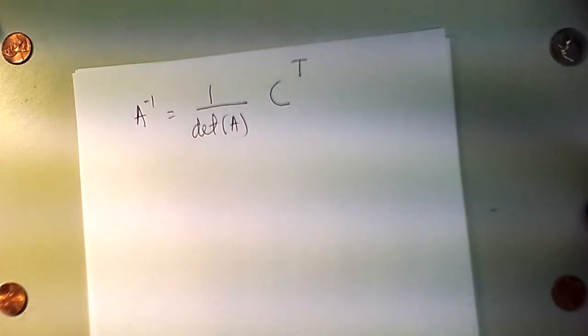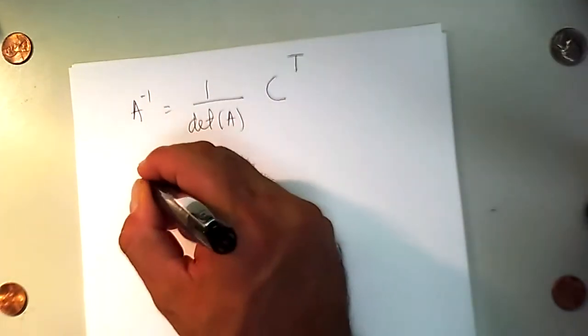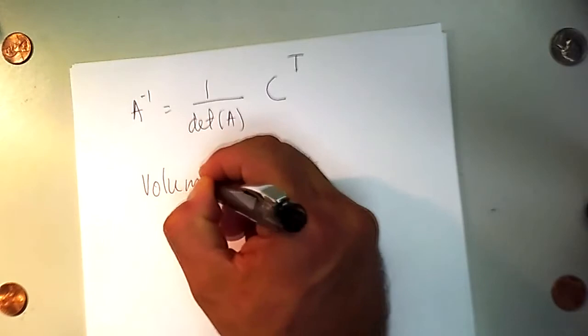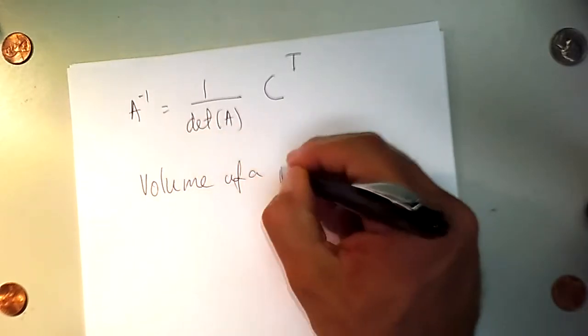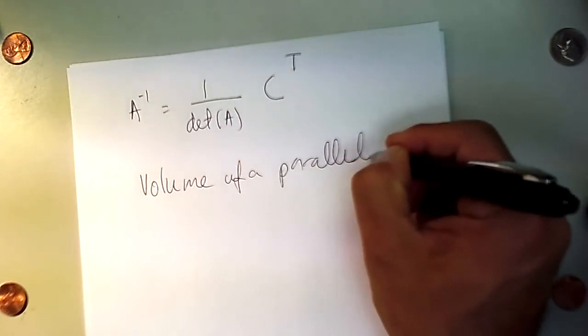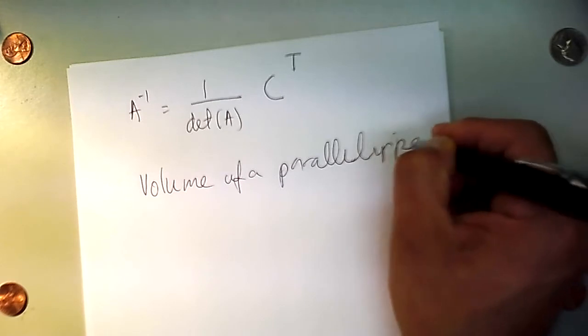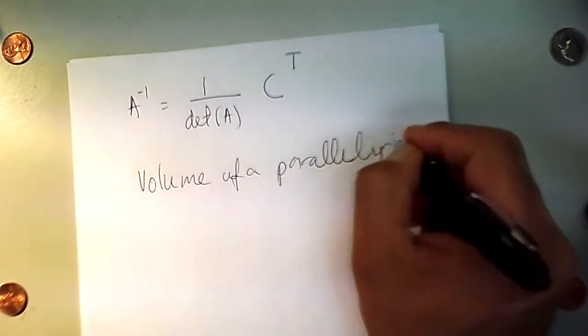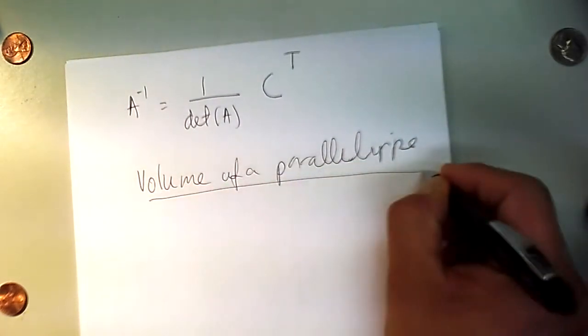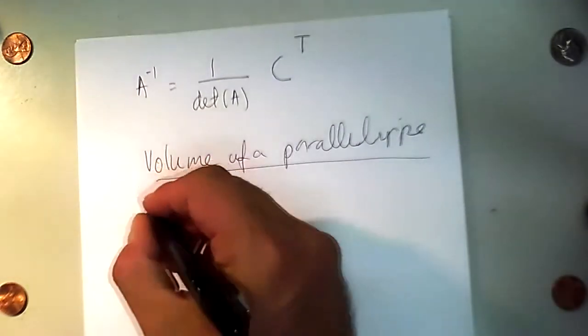There's another application of Cramer's rule, and that is about the volume of a parallel pipe. I forgot to check the correct spelling of parallel pipe. I think that's correct, but please double check.